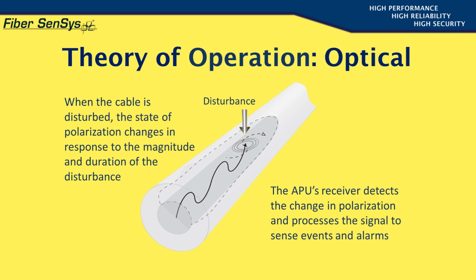However, when the fiber is disturbed due to fence vibrations, the laser light's polarization changes in response to the magnitude and duration of the disturbance. The APU's receiver senses the change in polarization and produces a time-varying electrical signal that is processed by the DSP in order to sense events and alarms.